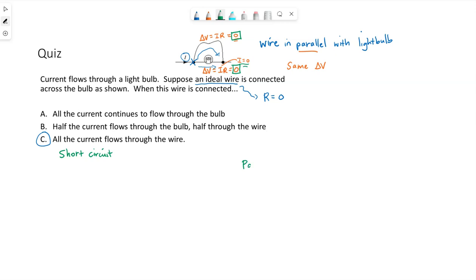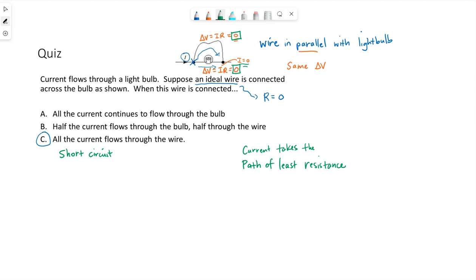You may have heard that current takes the path of least resistance. That's where this comes from. Here, the least resistance is the wire, so all the current goes that way.